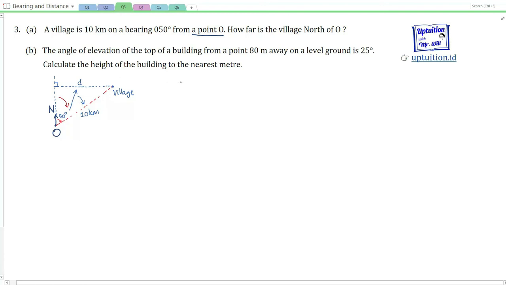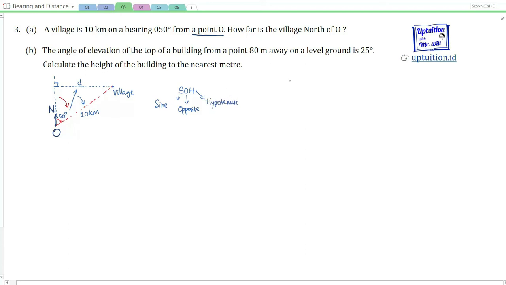Again, we remember the formula: if you want to use opposite and hypotenuse, then you can use sine. So it's SOH, where sine of an angle is the opposite over the hypotenuse.